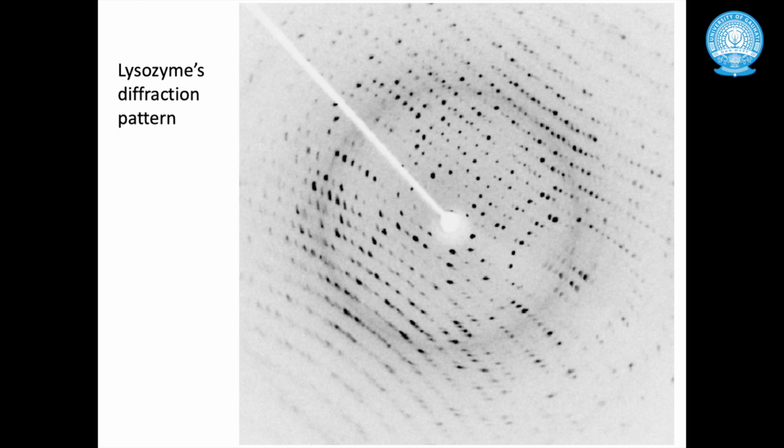A crystal consists of a periodic arrangement of the unit cell into a lattice. So every crystal, when we make a crystal out of a solution, will have a periodic arrangement of unit cells into a lattice.